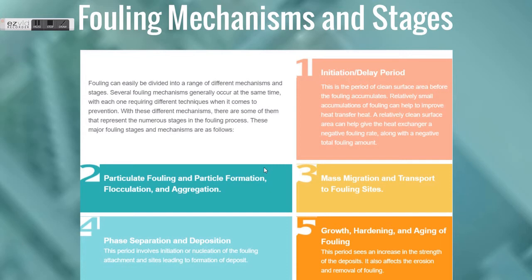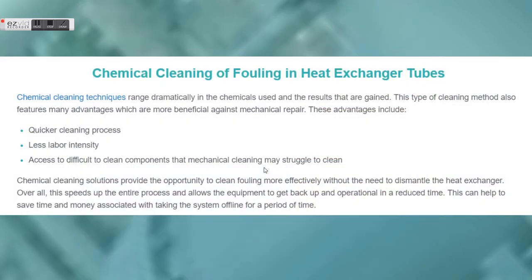A relatively clean surface area can give the heat exchanger a negative fouling rate, along with a negative total fouling amount. 2. Particulate fouling and particle formation, flocculation, and aggregation. 3. Mass migration and transport to fouling sites. 4. Phase separation and deposition. 5. Growth, hardening, and aging of fouling. This period sees an increase in the strength of the deposits. It also affects the erosion and removal of fouling.